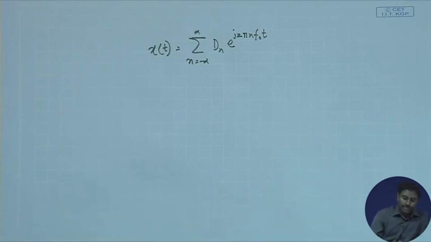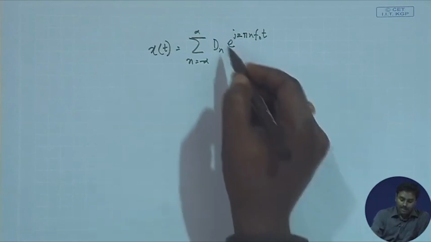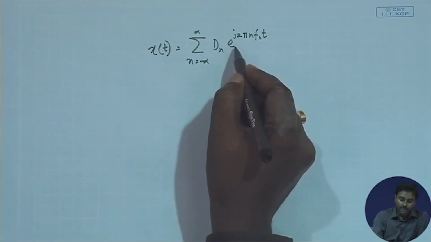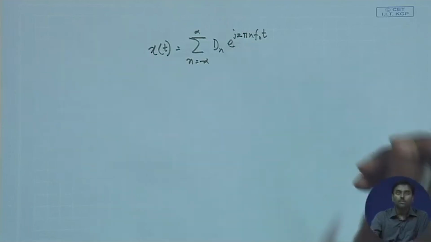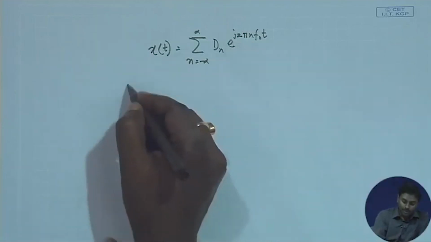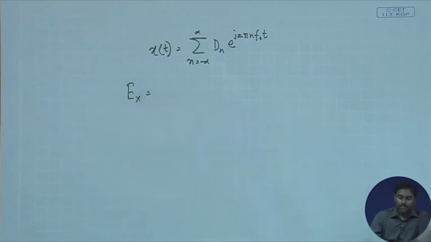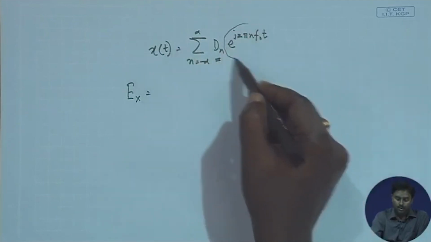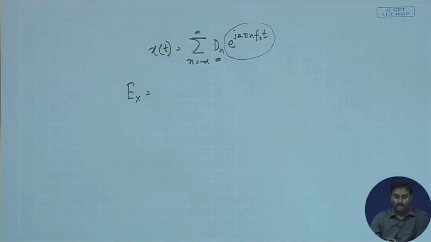Now, what we are saying is this, that as long as we know Dn, we know that for every n these are those orthogonal components. Therefore, the energy of x must be the individual energy, where the coefficients are a linear combination of these orthogonal signals. Each of those orthogonal signals, what is their corresponding energy?